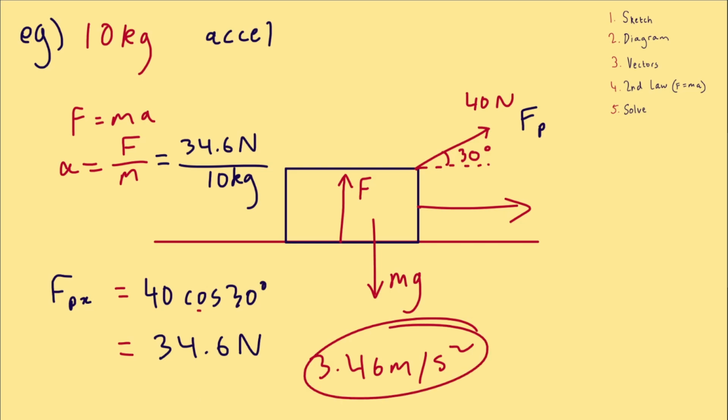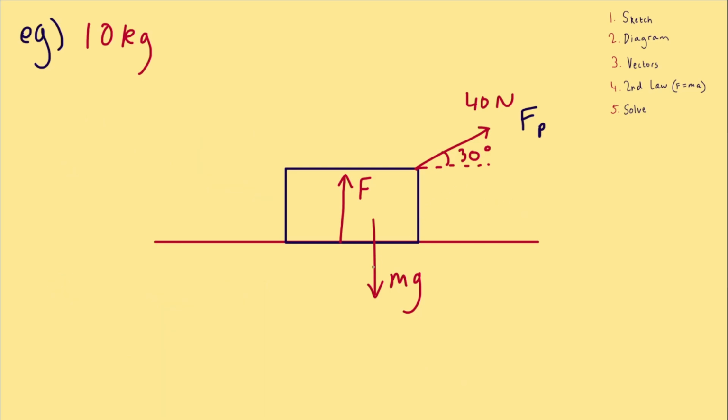Now, what if instead of trying to find acceleration, you try to find the magnitude of the normal force being exerted on this book? Let's solve for that. Let's use this problem solving guideline again. We've got the diagram, we sketched it up. We just have to resolve the vectors now.